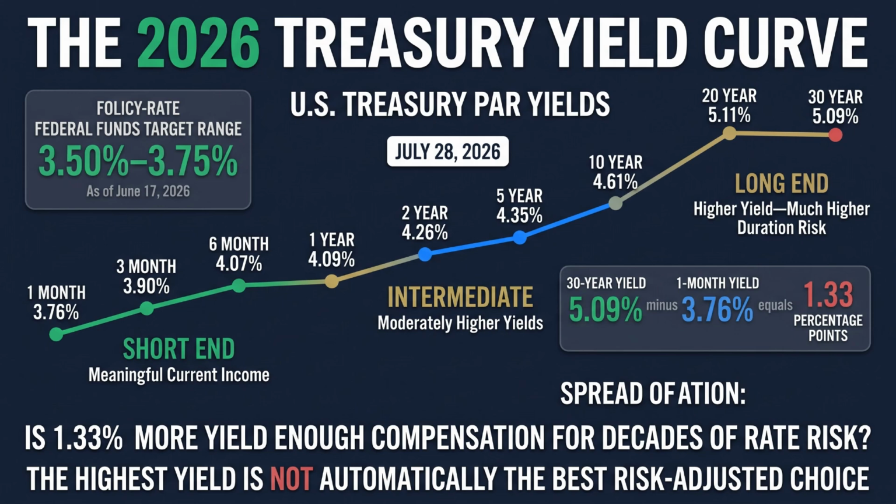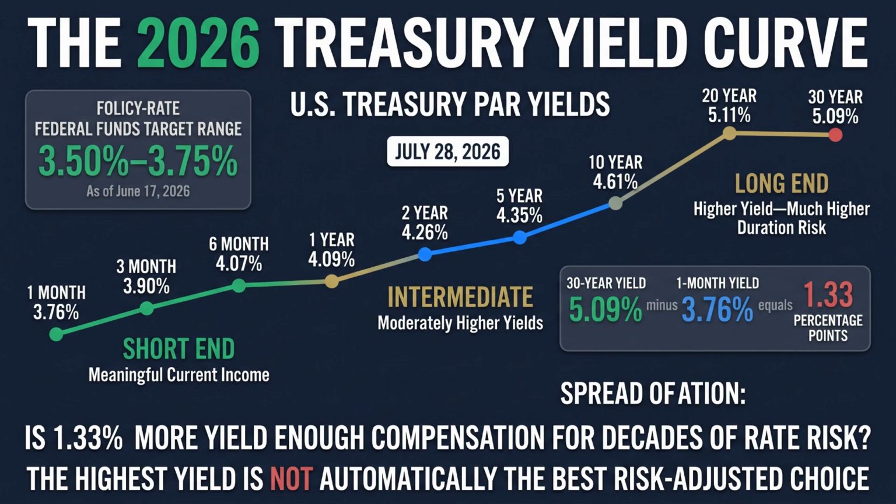The five-year was around 4.35%. The 10-year yielded approximately 4.61%. At the long end, the 20-year yield was about 5.11%, while the 30-year offered approximately 5.09%. The federal funds target range was still between 3.5 and 3.75% following the June Federal Reserve meeting.